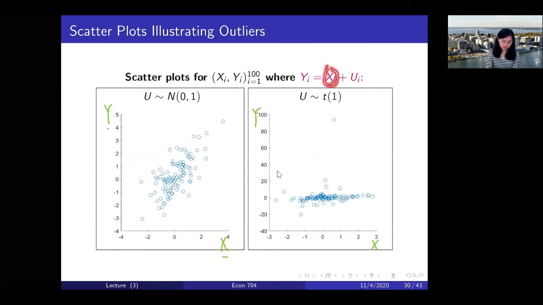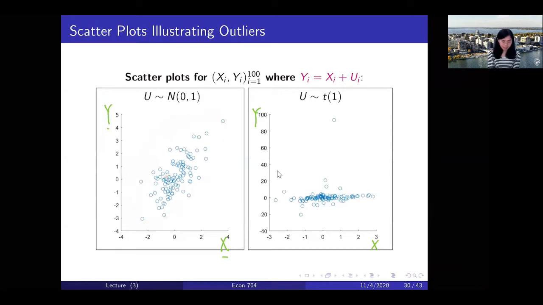So x also follows standard normal distribution, and u also follows standard normal distribution. So y will also be a normal distribution. In that case, if I draw a sample of size 100 from that data generating process, from that population, I typically get a sample that looks like this.